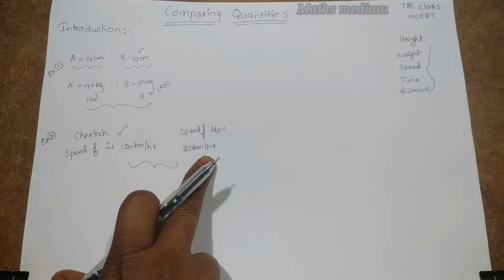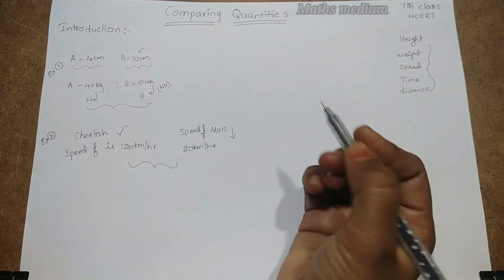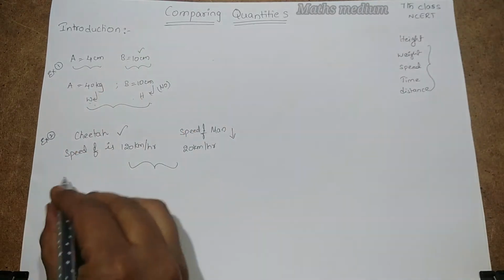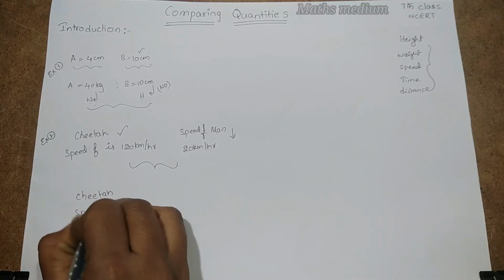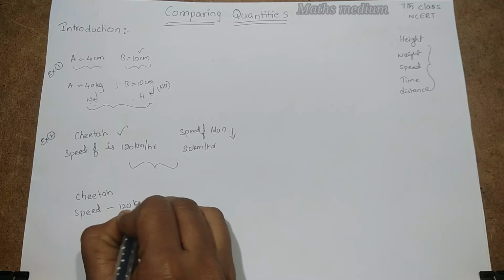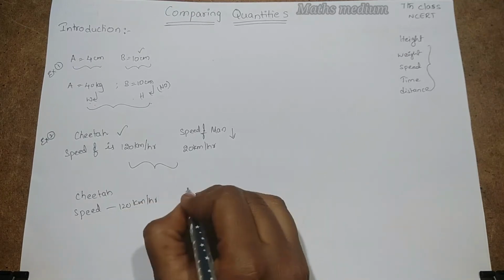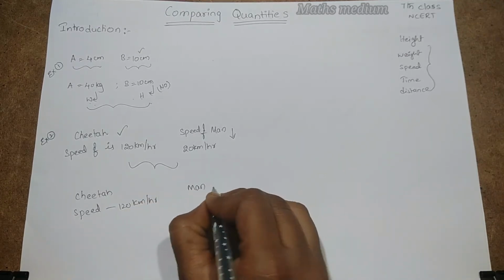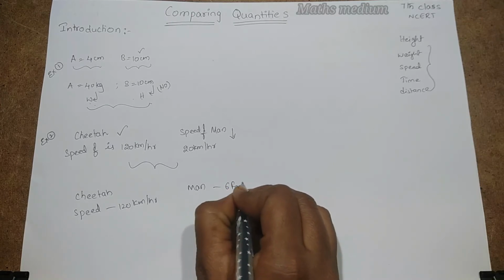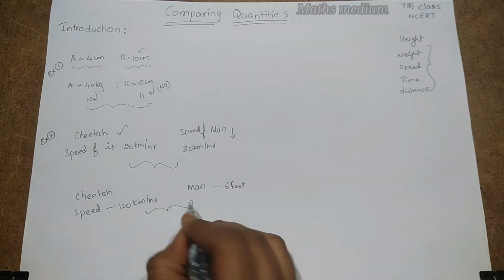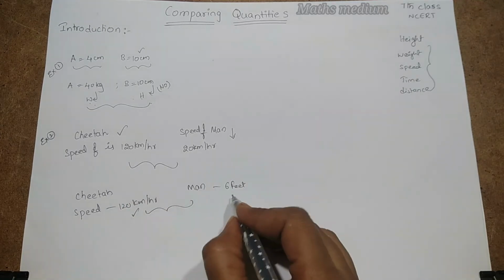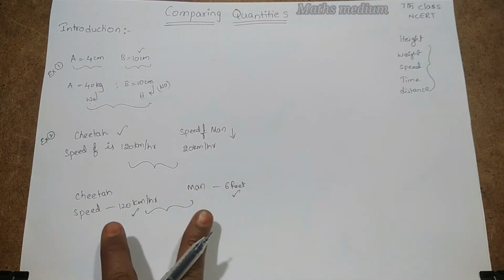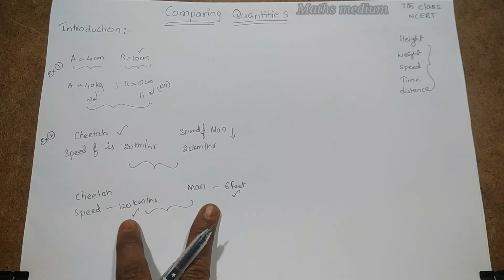So here the speed of the man is less. You can compare. If you take the cheetah speed, the same 120 kilometer per hour, and the man's height 6 feet, can you compare these two quantities? This is speed, this is height, right? You cannot compare these two quantities.